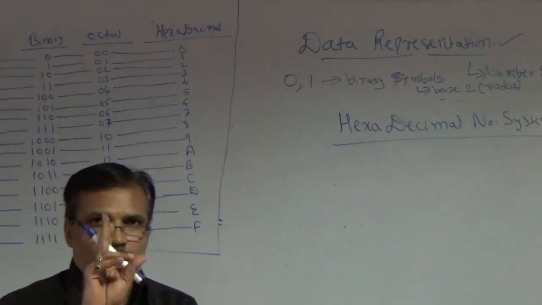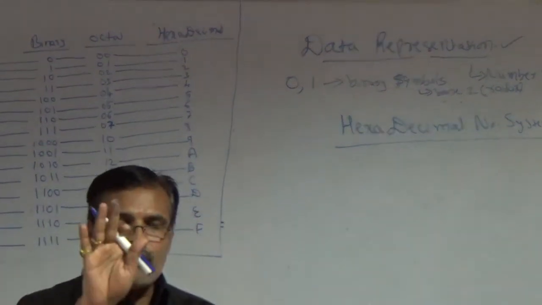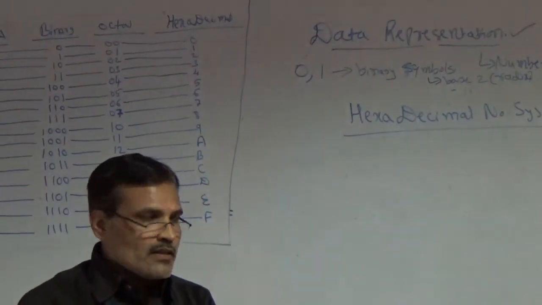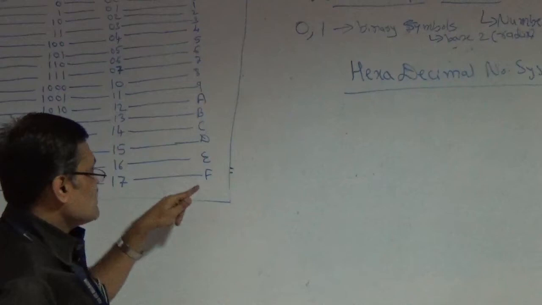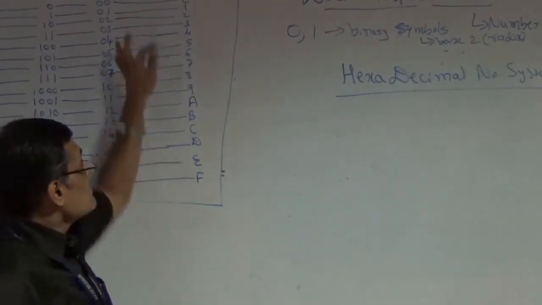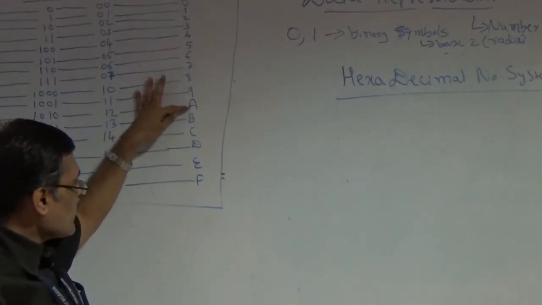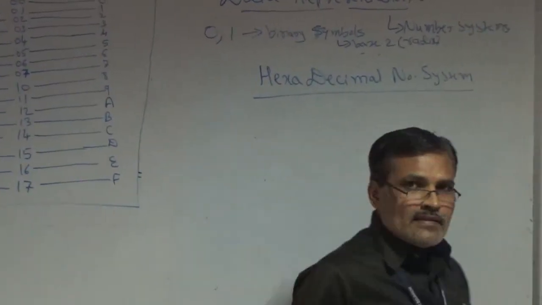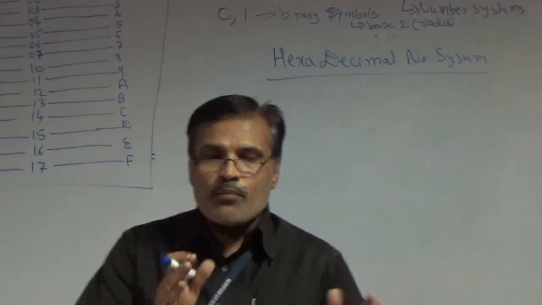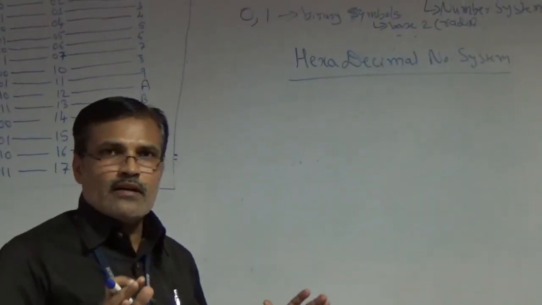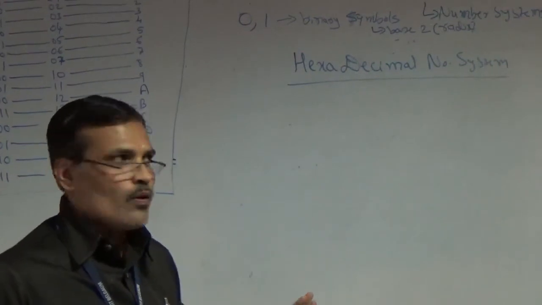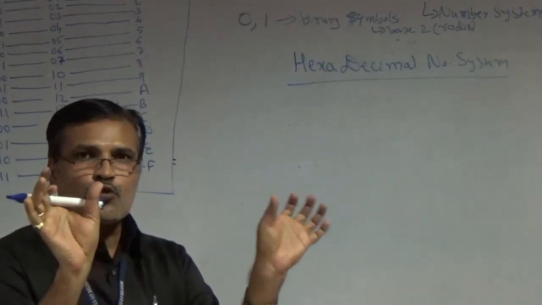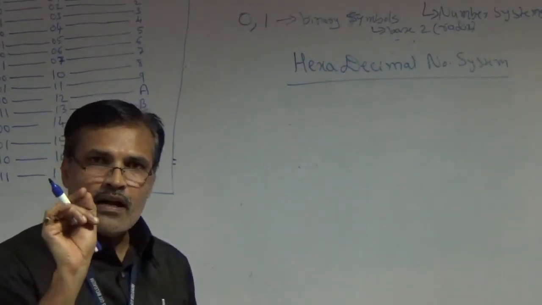So in binary we have 2 symbols, in decimal we have 10 symbols, in the octal number system we have 8 symbols, and in hexadecimal we have 16 symbols: 0 to 9 and capital A to capital F. Also, the normal number system rules apply here. It has an integer part and a fractional part, separated by a hexadecimal point.